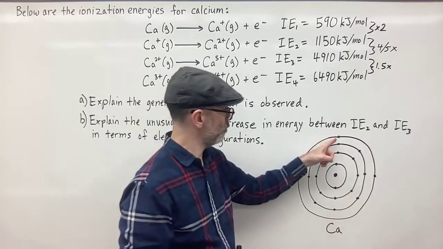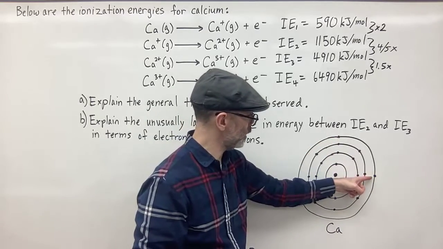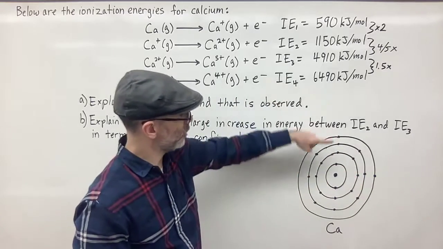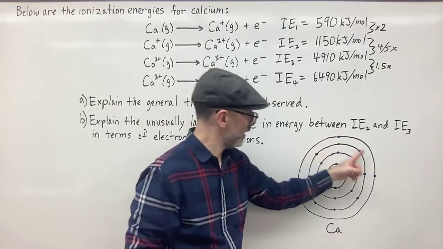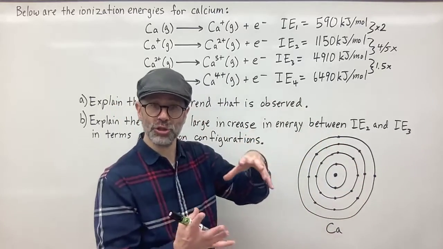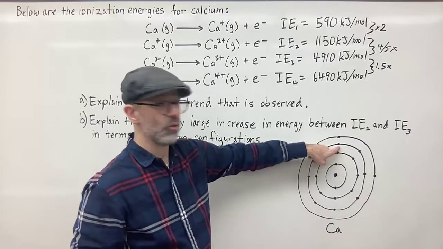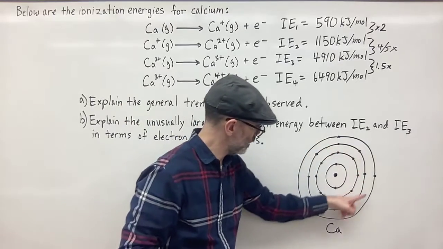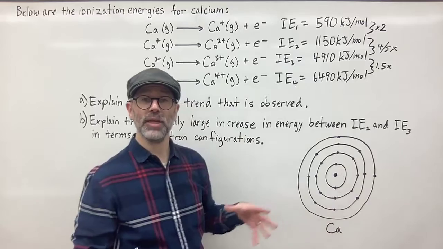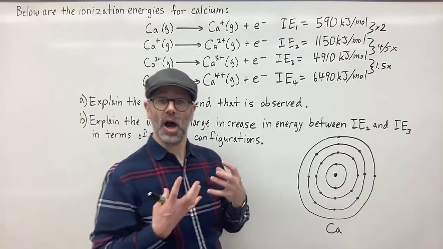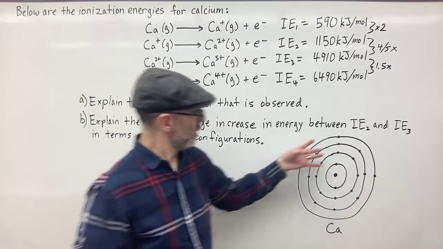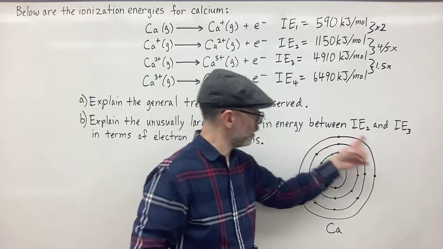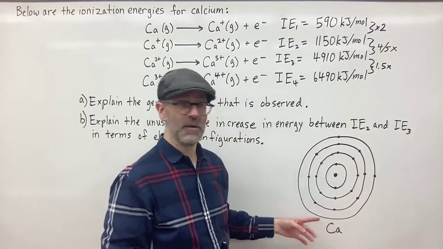So once I remove the first electron and the second electron, but then the third electron, right, I am now in an energy level that is closer to the nucleus. So the electrons in this shell are going to be feeling a much higher attractive force from the nucleus compared to the valence shell.